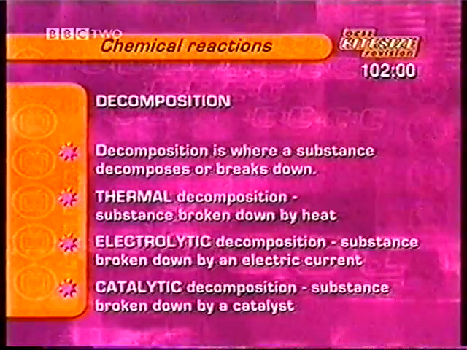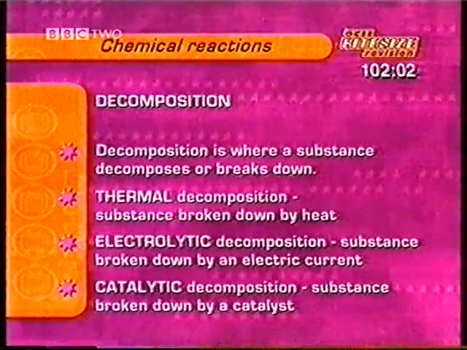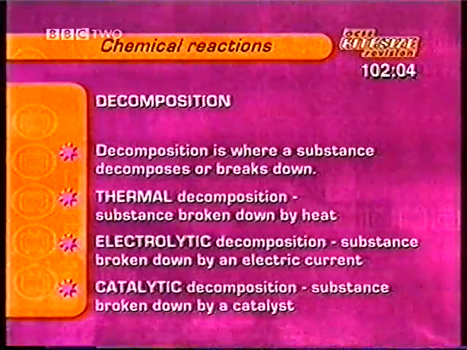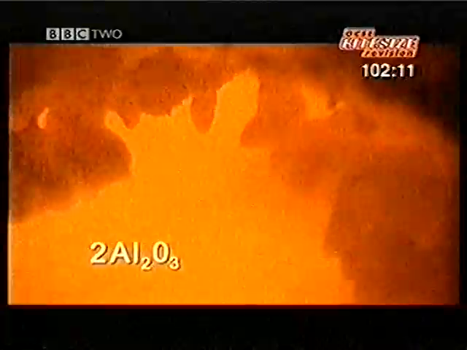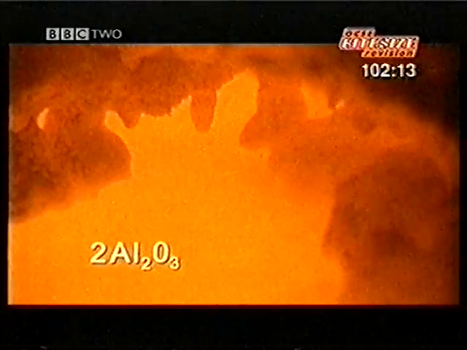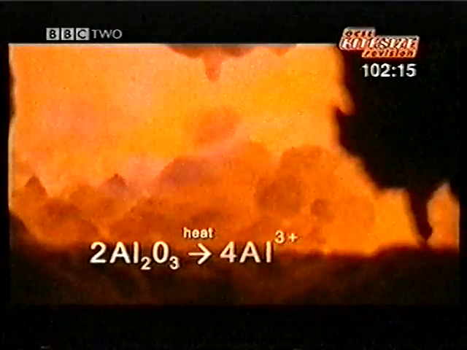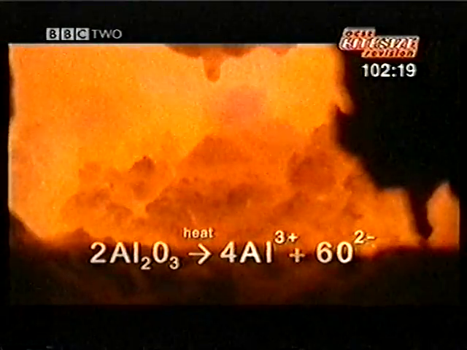Both thermal and electrolytic decomposition are used to extract aluminium from aluminium oxide. First, the electric current heats the aluminium oxide. Heating breaks the strong bonds between aluminium and oxygen. That leaves positive aluminium ions and negative oxygen ions floating in the mix.